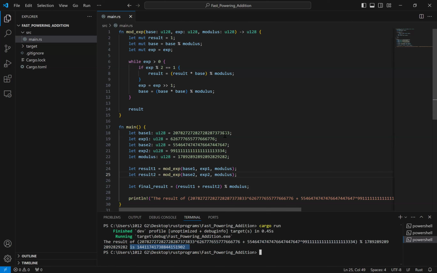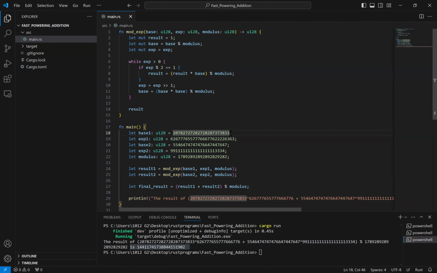That is the result. So we can change the numbers. If they become too big, then we will change our U128 to big integer. Let me just try and change this part.